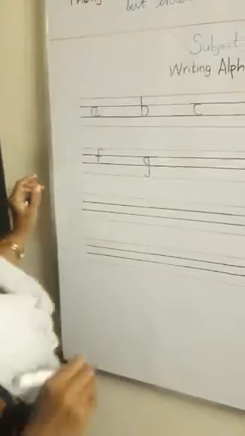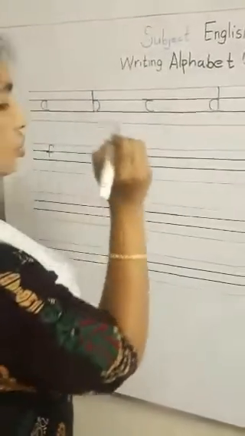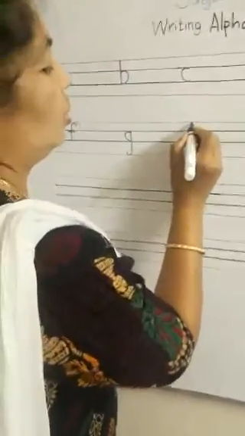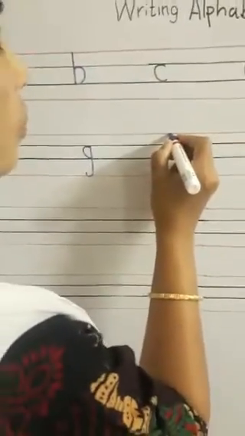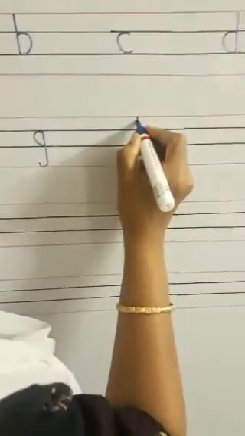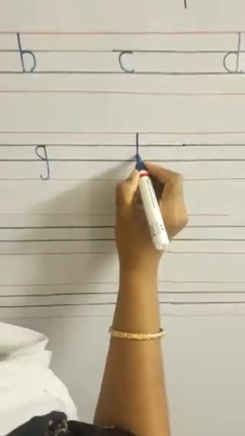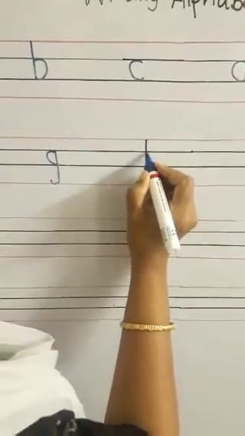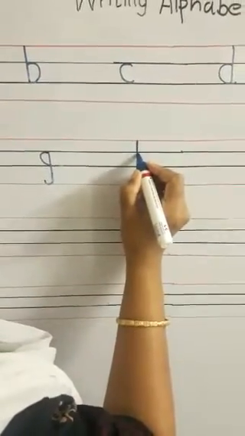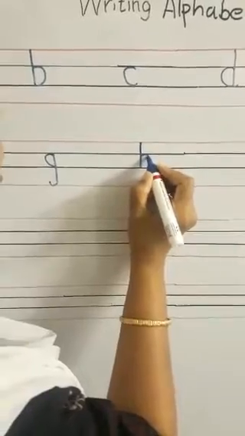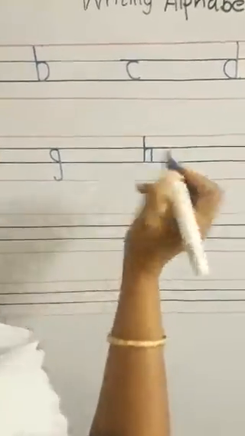Okay, G after what? H. Very good. Start from the top and draw a standing line towards the bottom. Then again go to the middle and draw a curve to reach the bottom. Got it students? Yes.